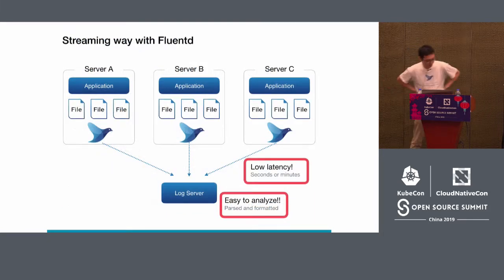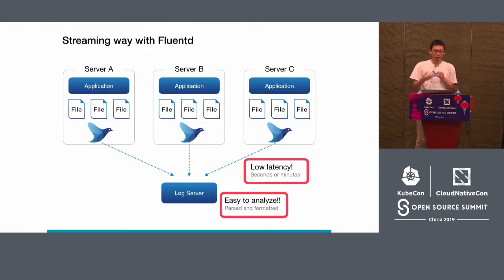Okay. This is one example of Fluentd's log collection. This example is for local files. Fluentd monitors the local files, and if an application writes logs to local files, Fluentd reads the data immediately and sends the logs to the central server with low latency.